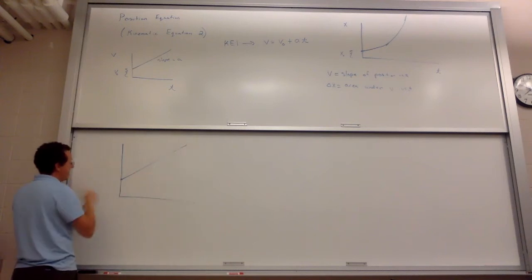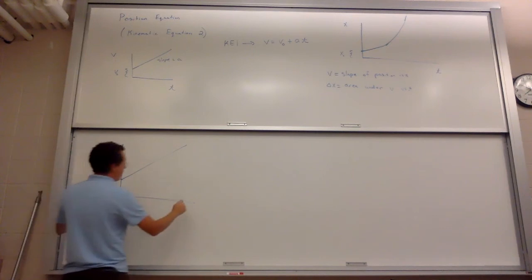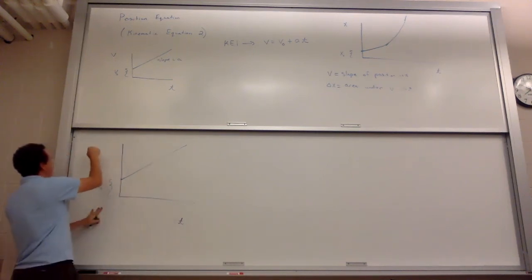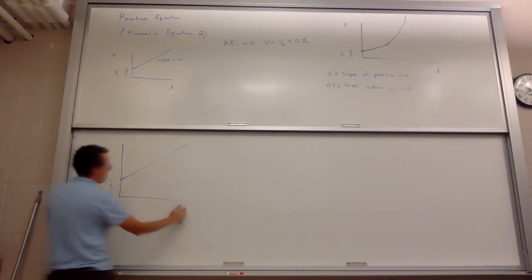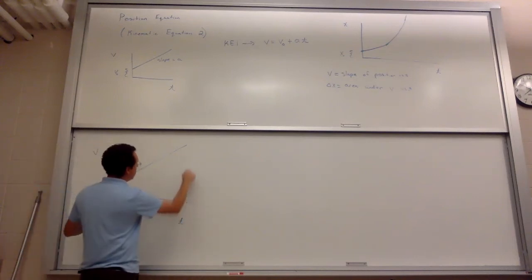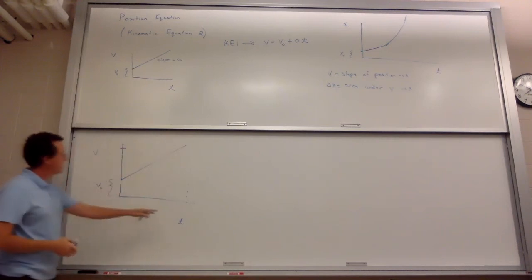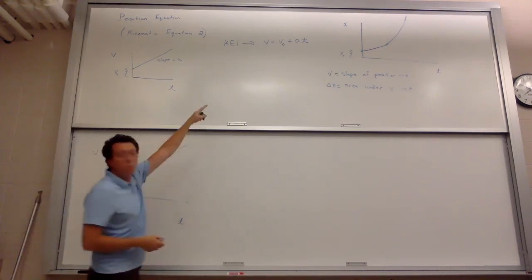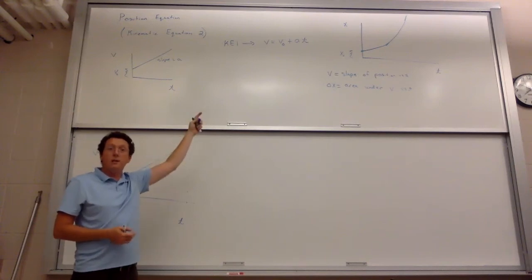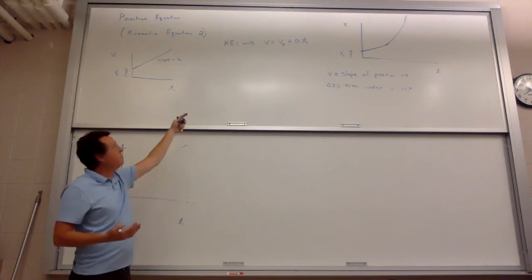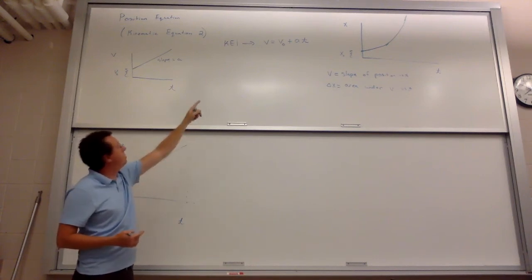And I know that this height is v initial. And after time t, the height of the graph would just follow along using the velocity equation. So v at time t would be v initial plus at.